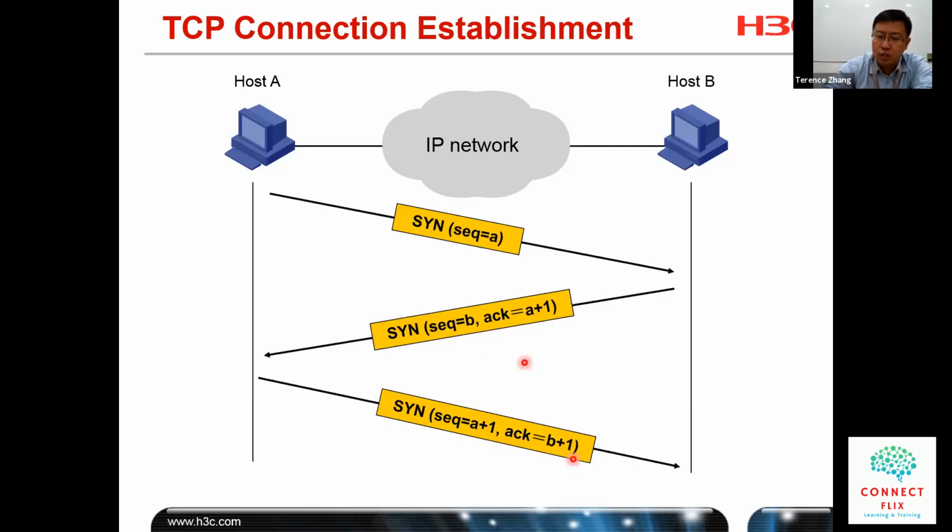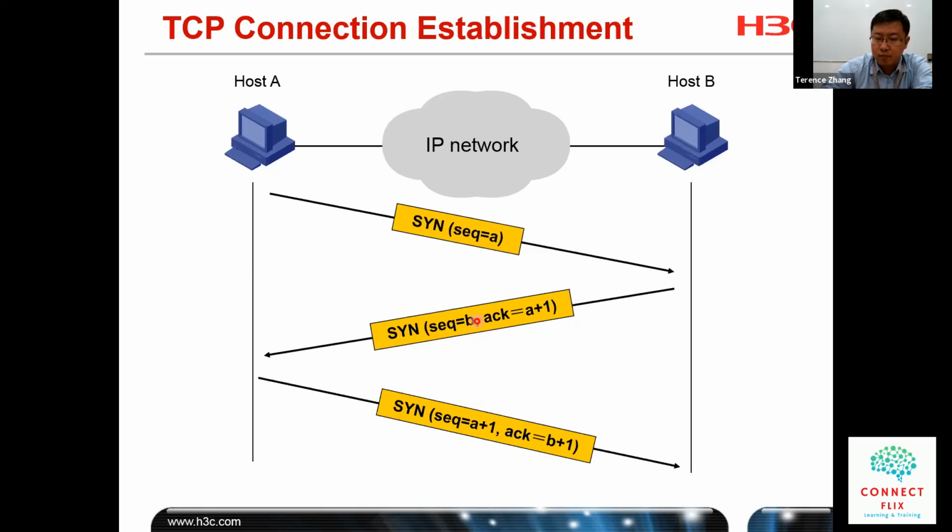And how do you see these numbers, sequence and ACK? Two sentences. Firstly, ACK. ACK just confirms the last segment from the opposite side. So it will always be the peer's number plus 1, right? For example, this is A, so B's ACK is A plus 1. And this one is B plus 1, right?